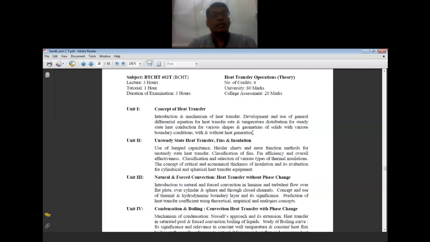A chemical engineer has to operate the heat exchanger or the heat transfer equipment. However, the mechanical engineers understand from the point of view of maintenance, if they are in the maintenance department. Also, fabrication is the purpose of a mechanical engineer. So with what purpose do I have to study this subject?